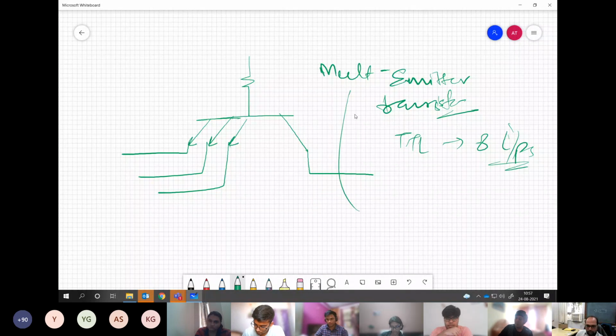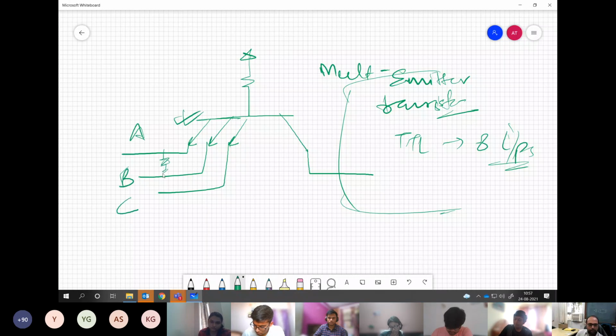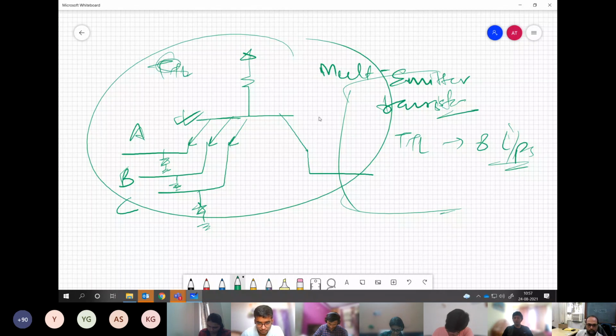The rest of the portion is the same. You have only modified this transistor, and you can have A, B, C, all having diode protection, of course. So this is the speciality of TTL input, that it can be expanded up to 8 inputs without modifying much in the circuit. Am I clear?